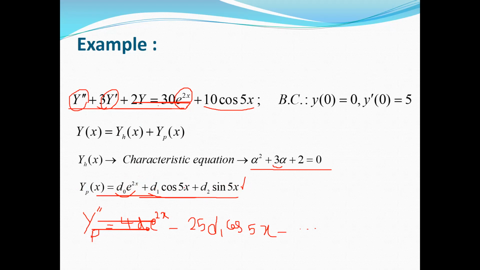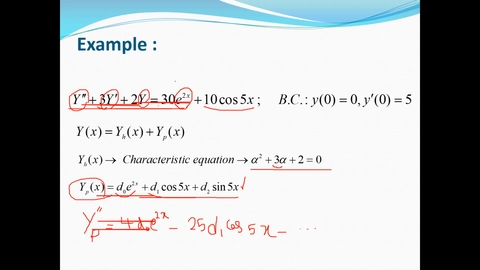You know the cosine 5x, its derivative with respect to x is equal to -5 times sine 5x, and the derivative of sine 5x is equal to 5 times cosine 5x. We can substitute here, and finally for y, we can substitute the same yp here and simplify.